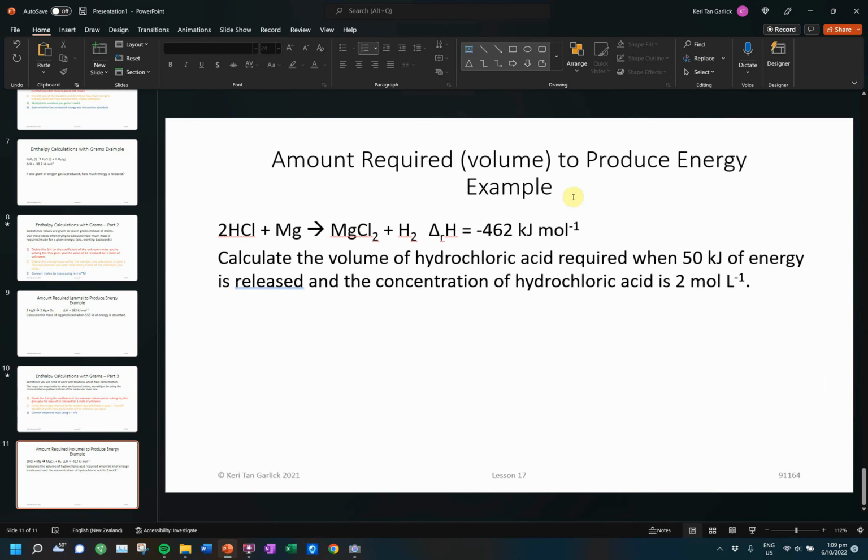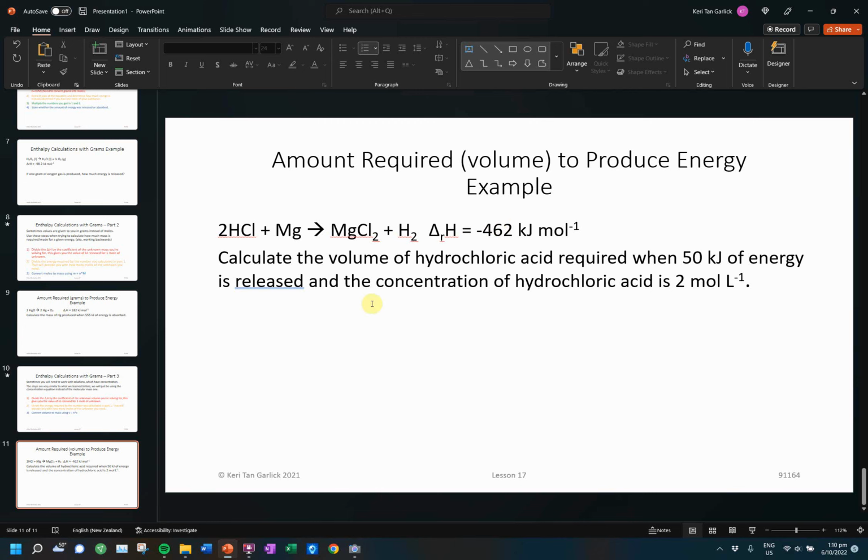So in this one here, we've once again been given the equation and the enthalpy value. This one you guys actually have done in the lab. You put magnesium metal into hydrochloric acid and you produced the hydrogen bubbles, and you would have done this with the pop test. This question is slightly different because they're asking you to calculate the volume of hydrochloric acid, when 50 kilojoules of energy is released.